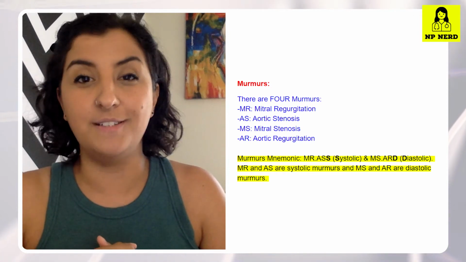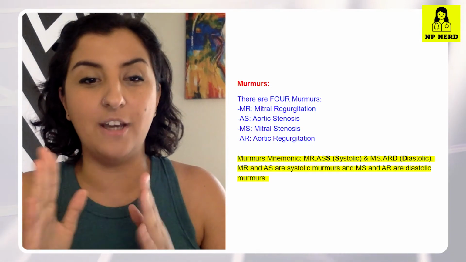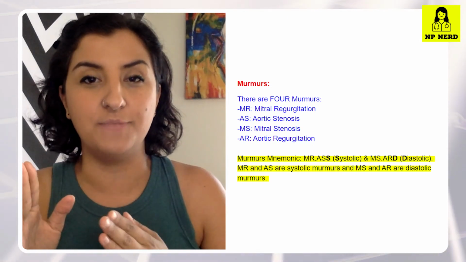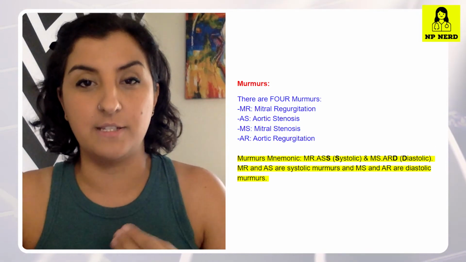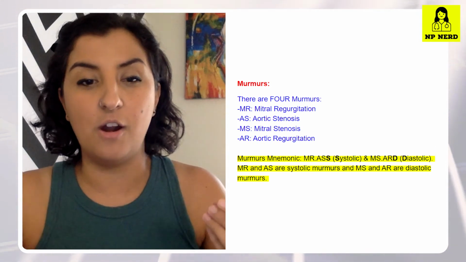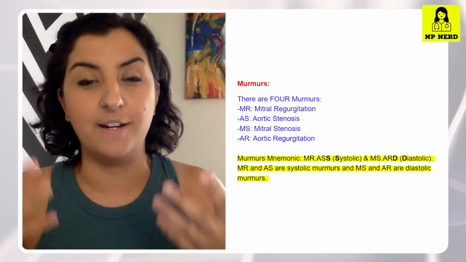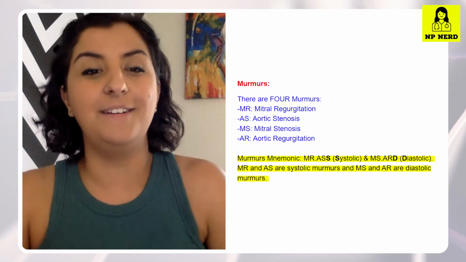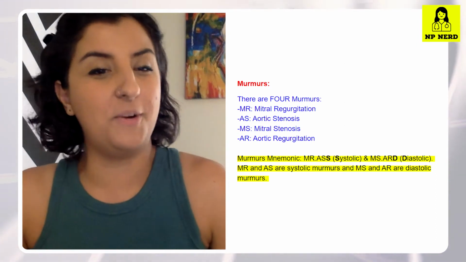And Miss ARD, MS stands for mitral stenosis and AR stands for aortic regurgitation. And then the D at the end is telling us that these two are diastolic. So MS and AR are diastolic, and MR and AS are systolic. Okay? Hey, listen, it works. It works. You're going to remember it.